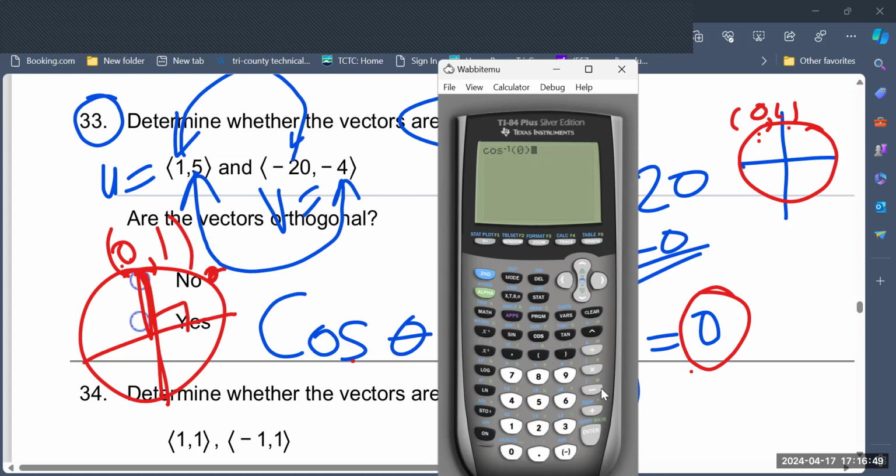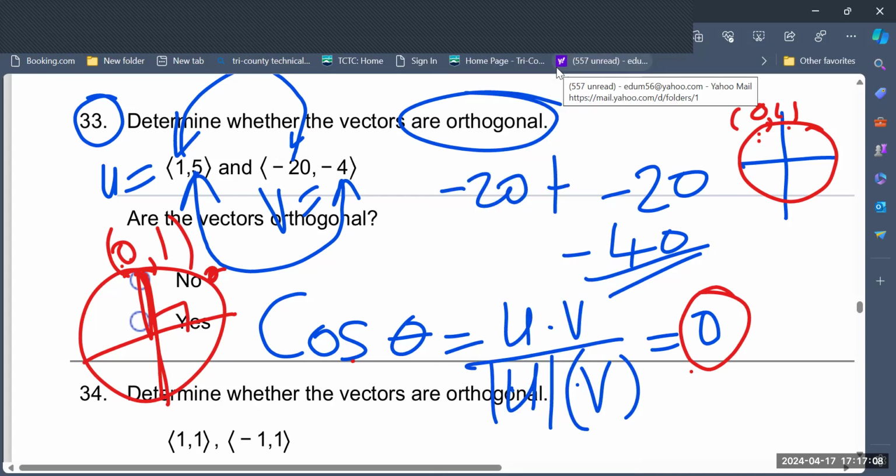My answer is going to be in degrees, and my calculator tells me it is 90 degrees. So if the dot product is 0, then the angle between the vectors is going to be 90 degrees. So whenever I'm told to prove that two vectors are orthogonal, it means prove that the vectors are perpendicular.